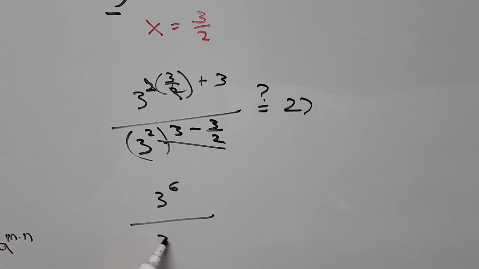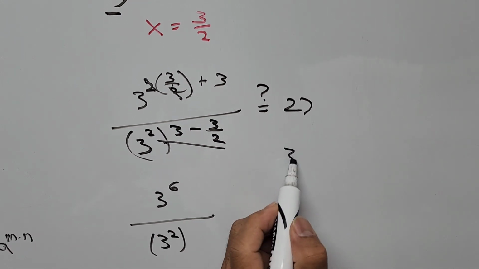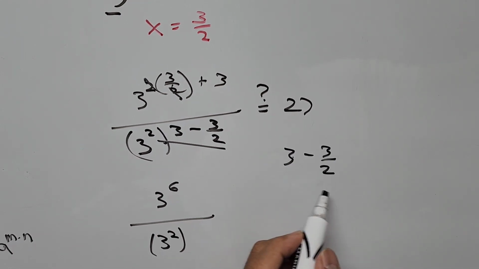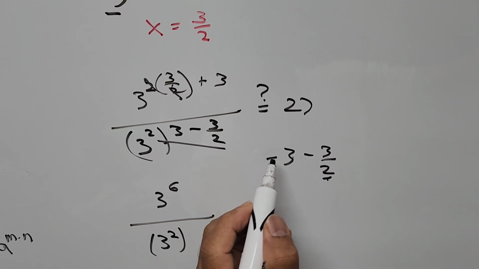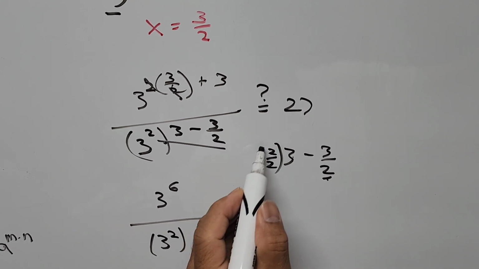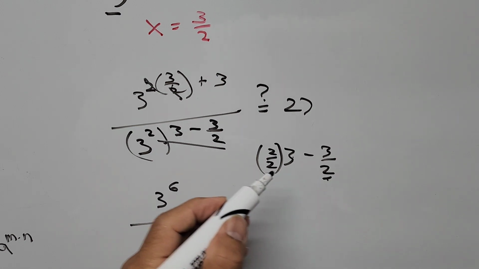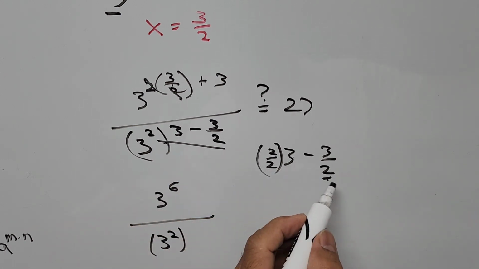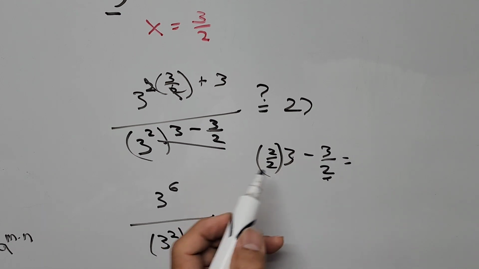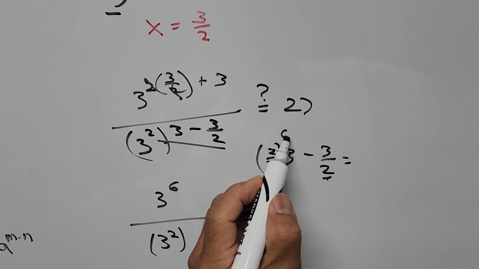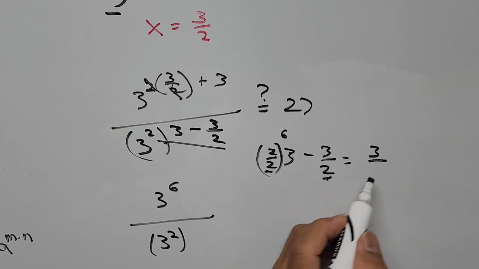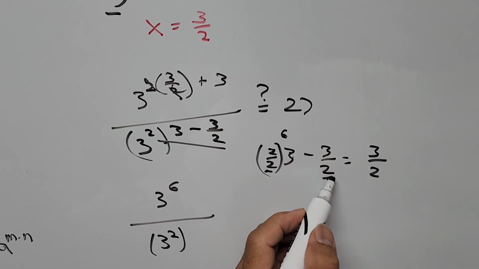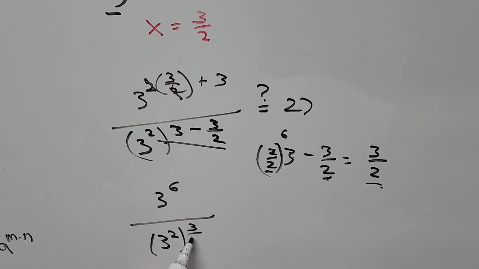We have here 3 squared to the power of, simplifying this fraction, 3 minus 3/2. So we can have a common denominator, so we multiply and divide by 2, right? The 3 multiplied by 2 divided by 2. So we're going to have a common denominator. And now 3 times 2 is 6. This will be 6, and then minus 3, that is 3. And just copy the denominator, that's 2. So that's 3/2.